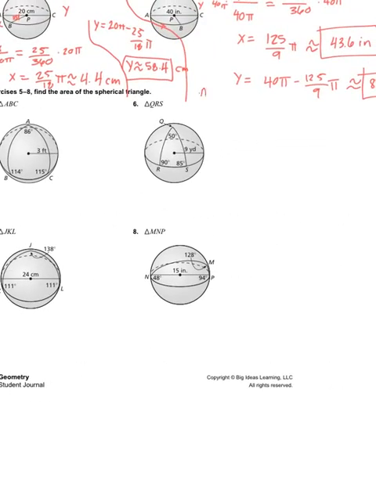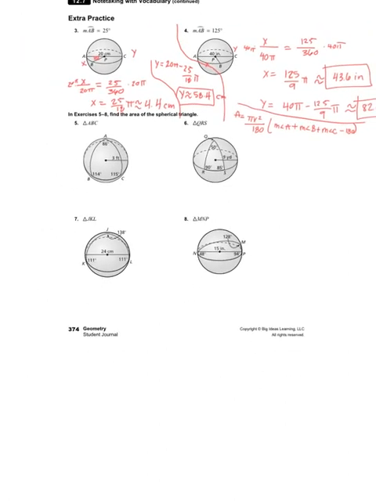So my area of a spherical triangle is going to be pi r squared over 180 times measure of angle A plus measure of angle B plus measure of angle C minus 180 degrees. We're just going to use that formula to find each of these spherical triangles.